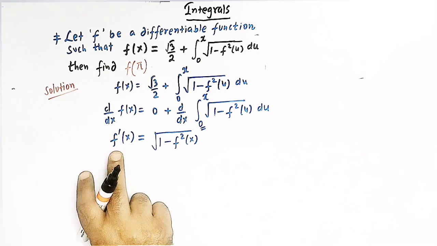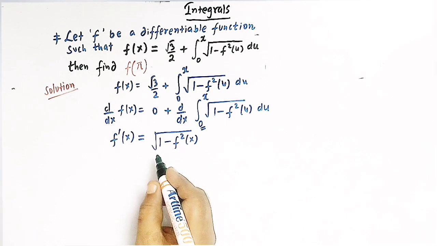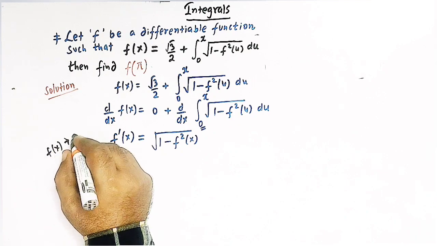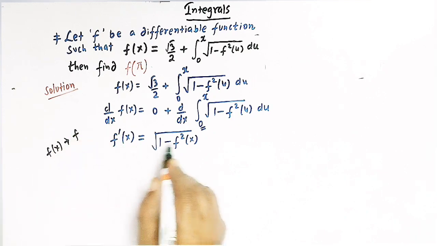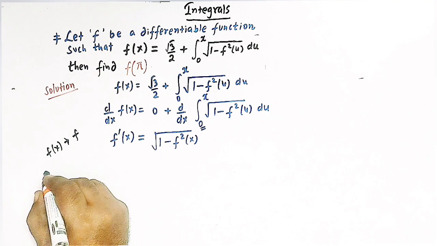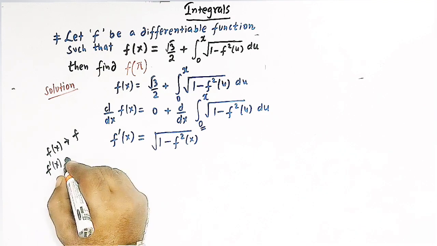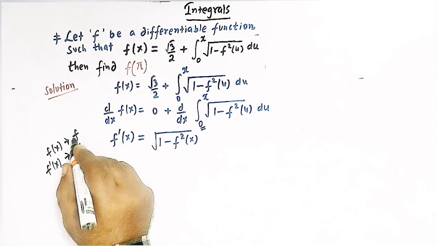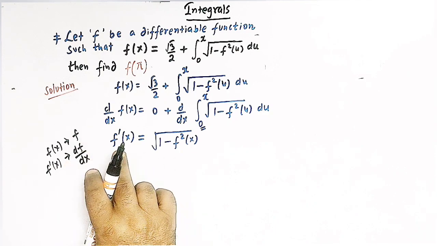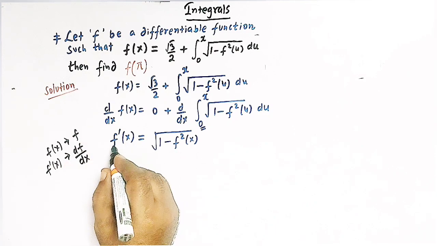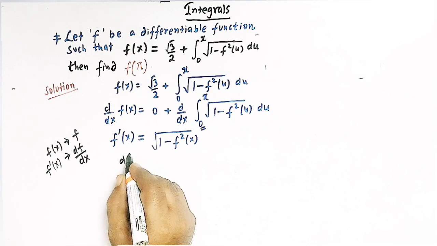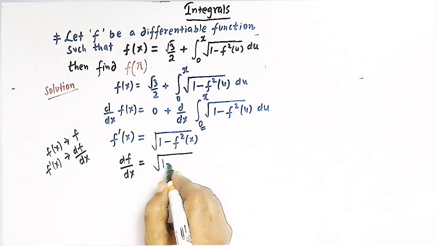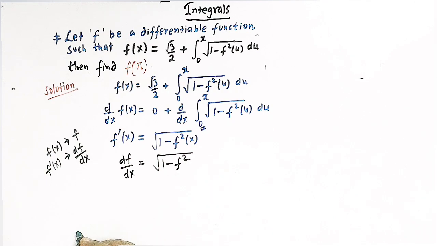So now to solve this differential equation, let us write f of x as simply f, just for convenience, right? And f prime of x as df over dx. So we'll use these notations just for convenience. So f prime of x can be written as simply df over dx, and here we have square root of 1 minus f square, right?